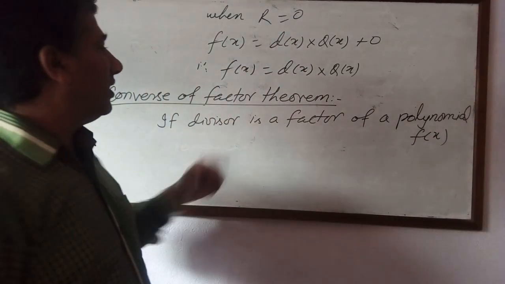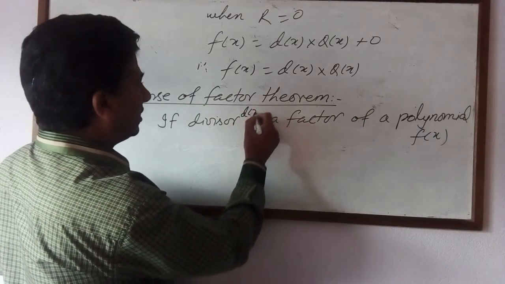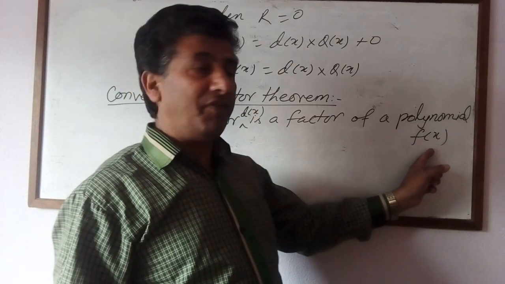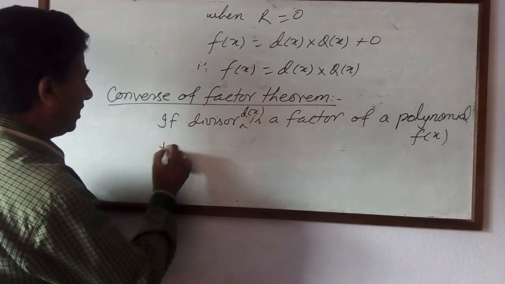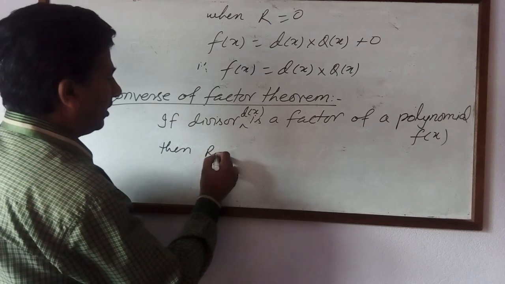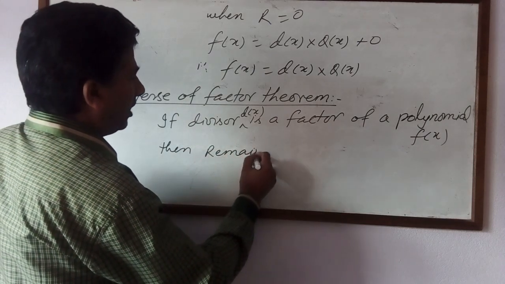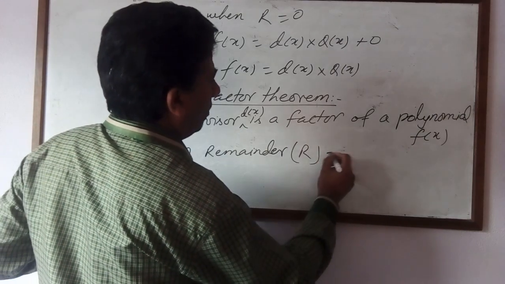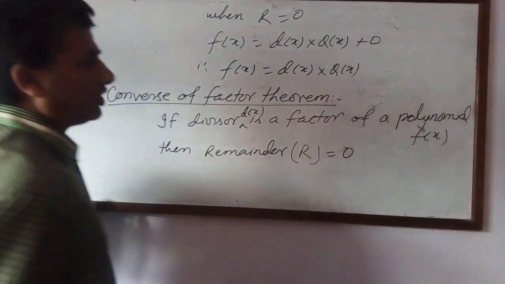If divisor d(x) is a factor of a polynomial f(x), then what happens? Then remainder r will be 0. Just opposite.